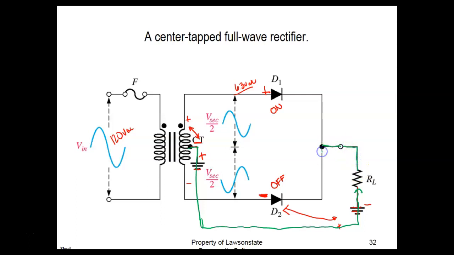It's not going to go this way because this guy here is turned off, and when a diode is turned off, it acts like an open switch. And it's going to flow up and go back to the positive of the transformer. So this is going to let the positive alternation go through, minus about 7/10 of a volt, because of the diode.